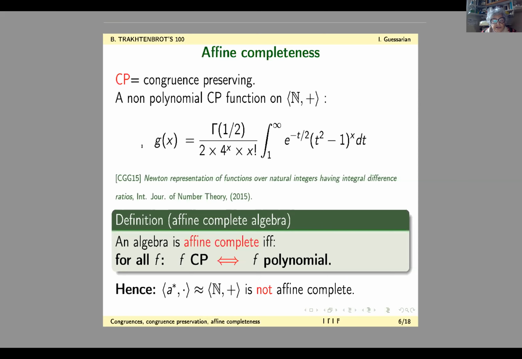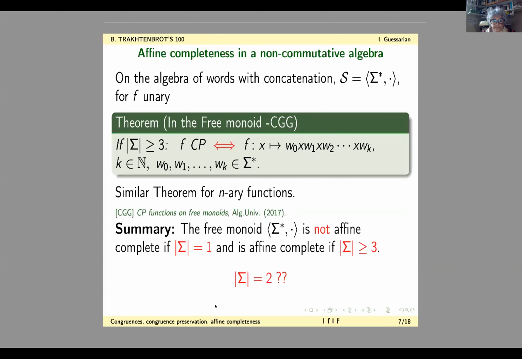So an algebra is said to be affine complete if this converse is true, namely if every CP function is polynomial. And we have just seen an example, the positive integers with addition, which is not affine complete. This implies that the free monoid with one generator, A star and concatenation, is not affine complete either because it's isomorphic to N with addition.